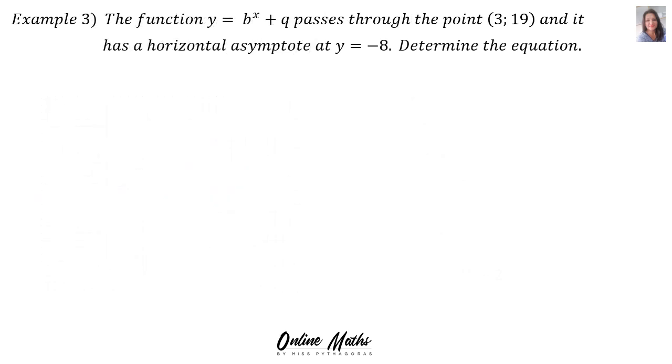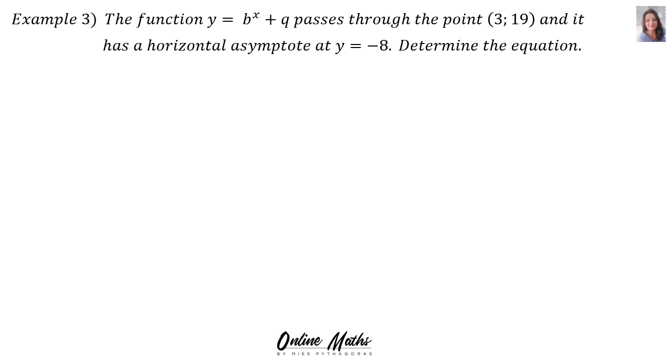Example 3. Now you will see that there's only words given here, there's no sketch, but it's not a problem for us. Let's read. The function y is b to the x plus q passes through the point 3, 19, and it has a horizontal asymptote at y is equal to negative 8. Determine the equation.